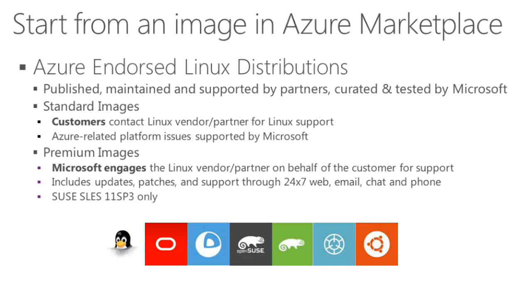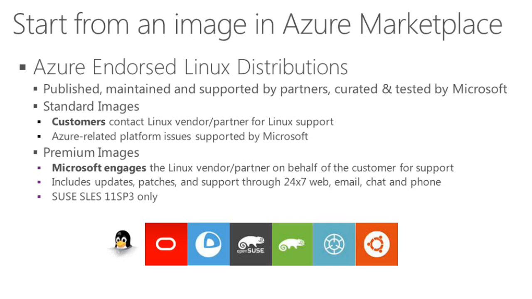SUSE is one of our other distribution vendors, and you can see these are the supported ones. SUSE, CoreOS. I have a table in my next slide. And we have two categories of these virtual machine images. One is called standard images. Standard images are where the customers need to contact and work with the Linux vendor or the partner to get the Linux support. But any Azure-related platform issues would be supported by Microsoft.